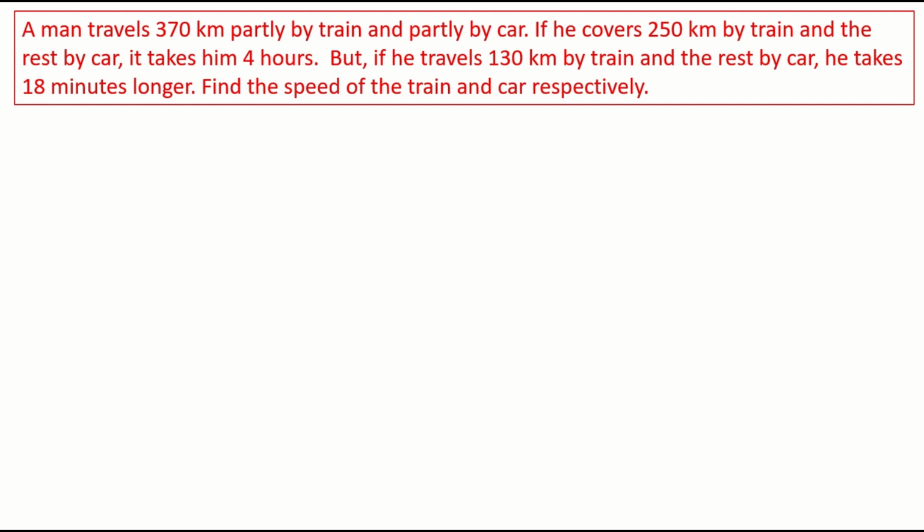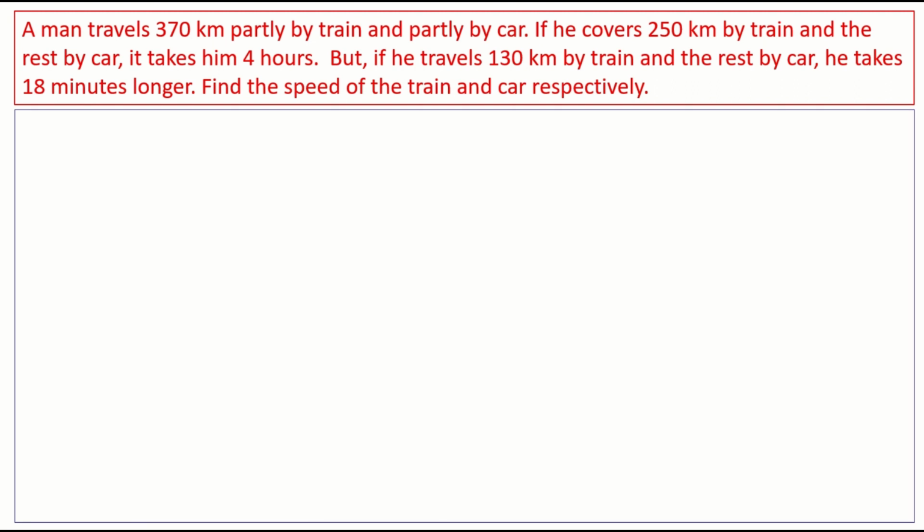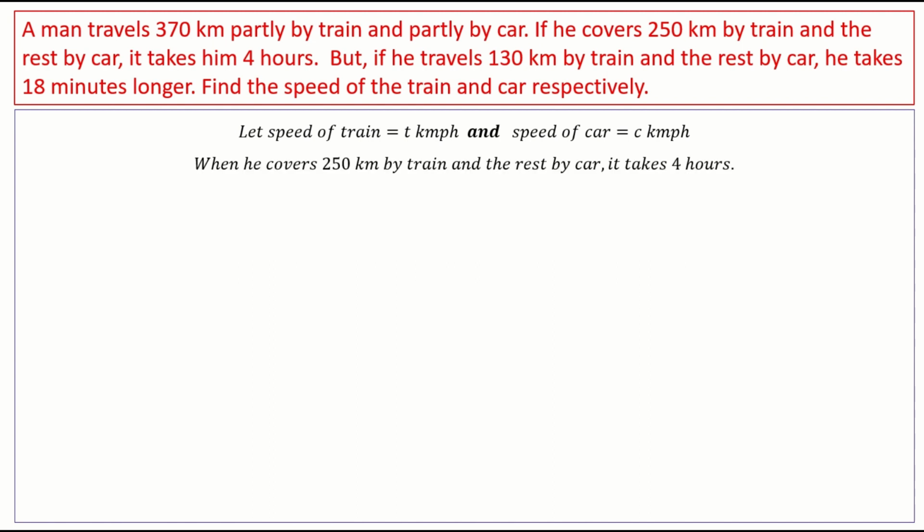In such questions, first let the speed of the train be t kilometers per hour and the speed of the car be c kilometers per hour. Now when he covers 250 kilometers by train and the rest by car, it takes 4 hours.